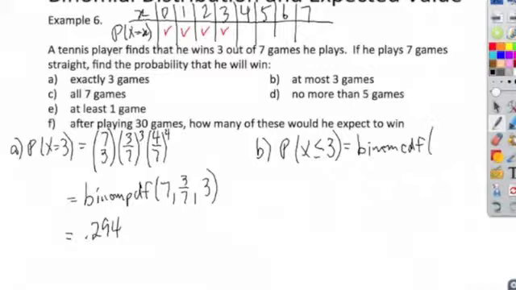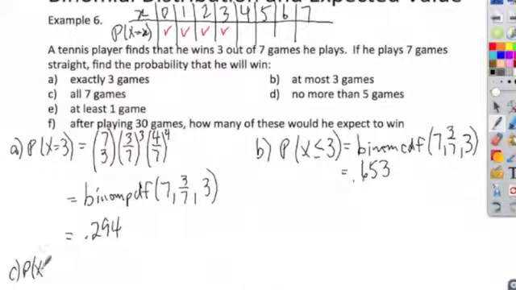We want the number of trials, 7, probability of success on each trial, 3/7, and we want the calculator to stop adding at 3. And that answer, if you put it in the calculator, is 0.653. That's the probability. In part C, all 7 games.